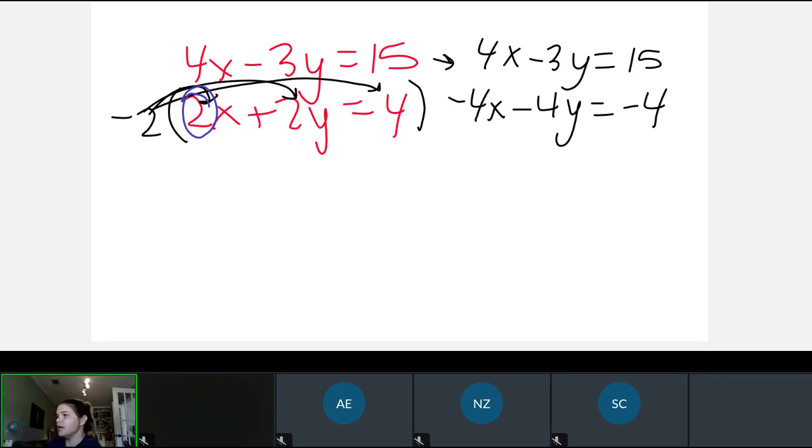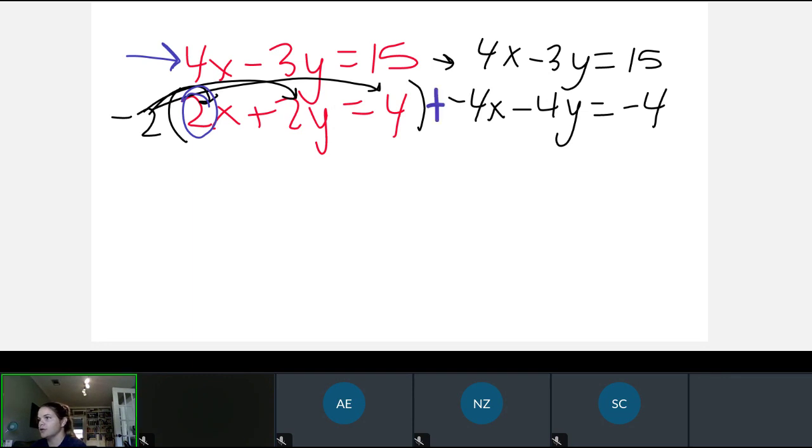We can multiply the entire equation by a number, positive or negative. Since I already had 4 up here, 2 times 2 would be 4. So if I multiply it all by negative 2, then I can add and cancel them out.